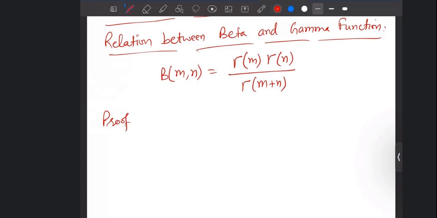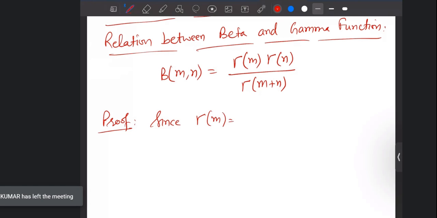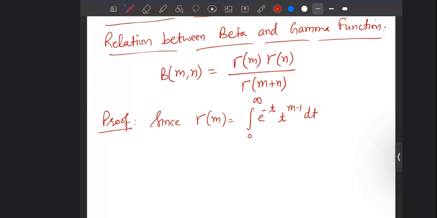Proof. As we know, gamma of m is equal to the integration from 0 to infinity of e raised to the power minus t into t raised to the power m minus 1 dt. Now let t be equal to x square, which implies dt is equal to 2x dx.